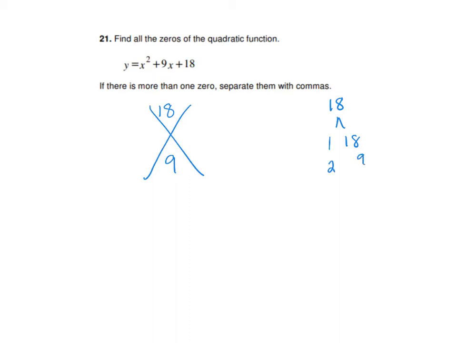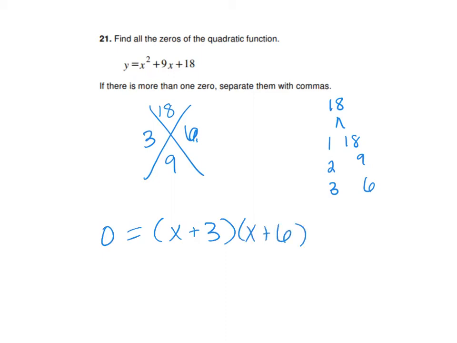2 and 9, those add to 11. 3 and 6, those add to 9 and multiply to 18. So those are my factors. And I will get 0 equals x plus 3 and x plus 6.